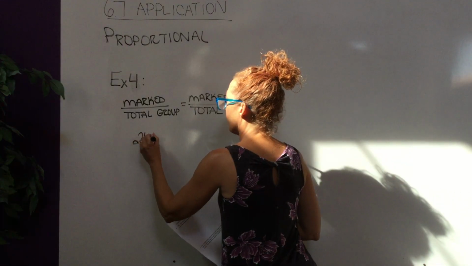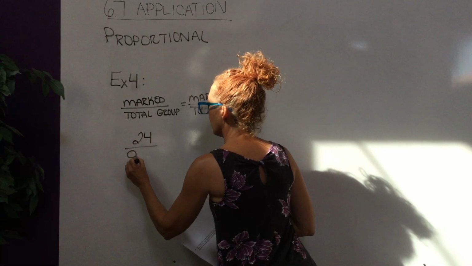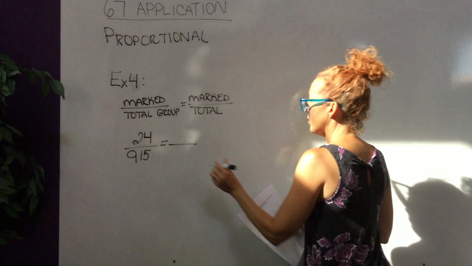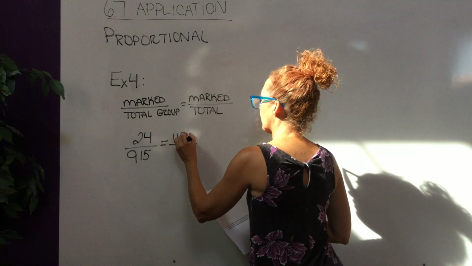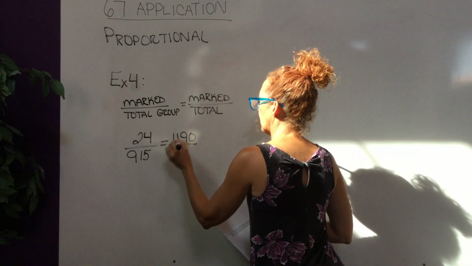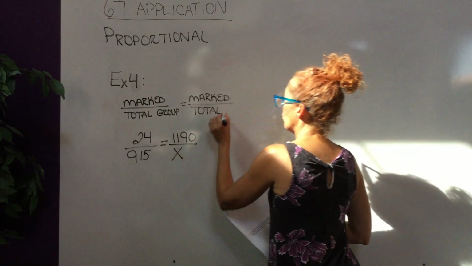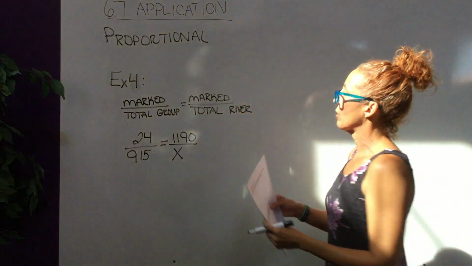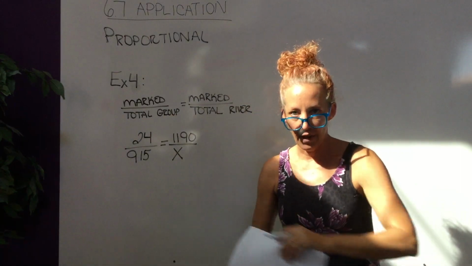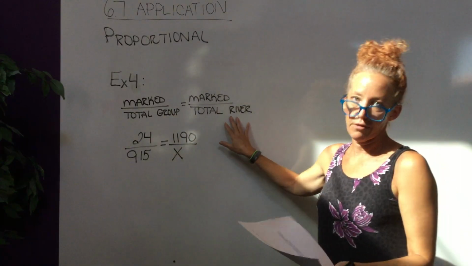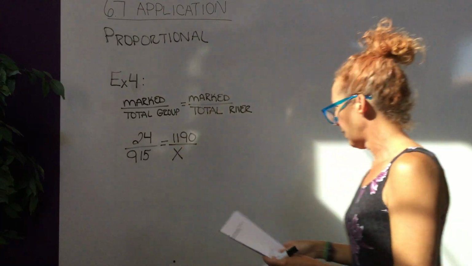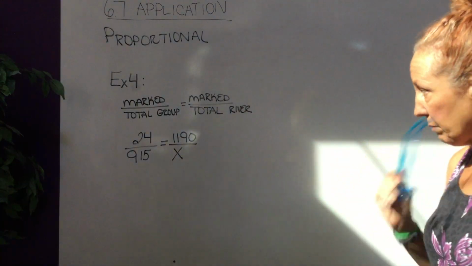So 24 out of the 915 are marked. Originally, I marked 1,190. So how many would be in the river total? So the group kind of changes from like a finite group to, well, this is finite too, but the entire river. And this is what they do when they go ahead and count animals.